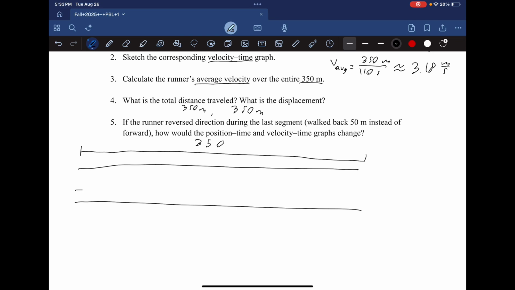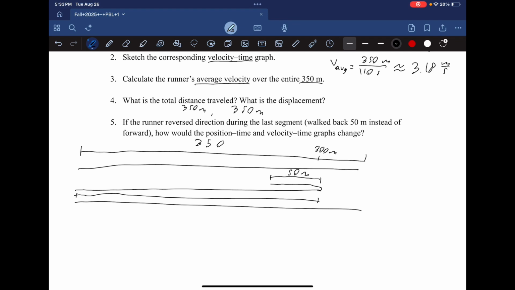But this time he runs all the way to this point here, which we'll say is 300 meters. And then he turns around and walks back 50 meters. This segment is still 300 meters.